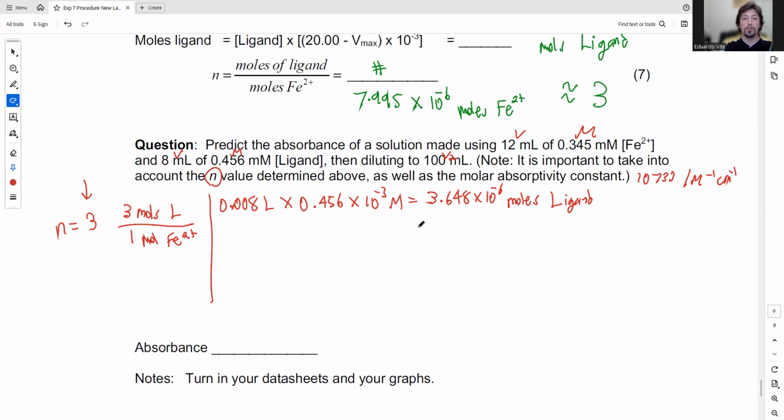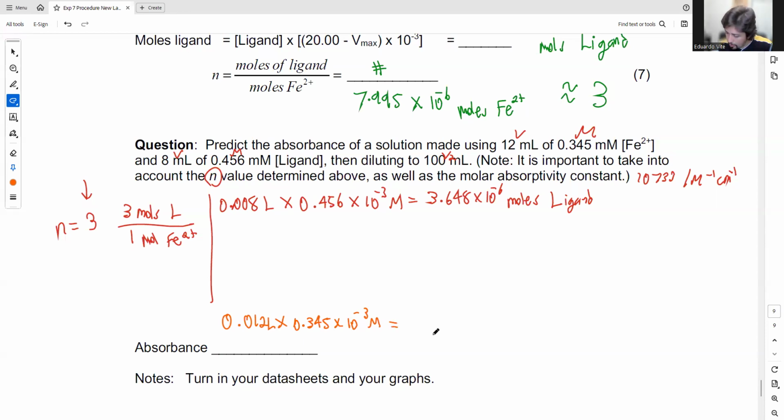And so I'm also going to do the same thing for moles of Fe. So for moles of Fe, let me use another color. Fe is orange, so I'm going to use orange. So 0.012 times 0.345 times 10 to the negative 3 molar. And again, volume times molarity gives me moles.